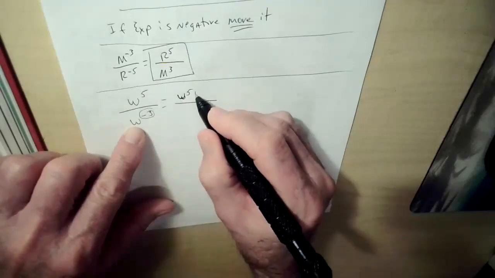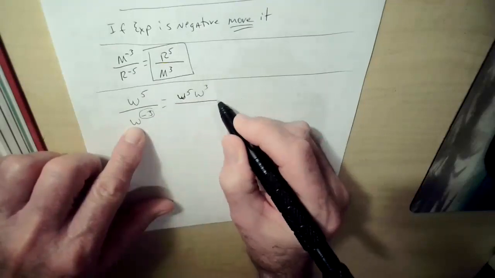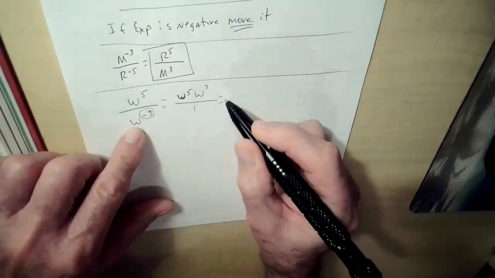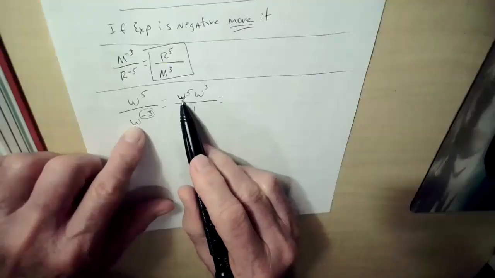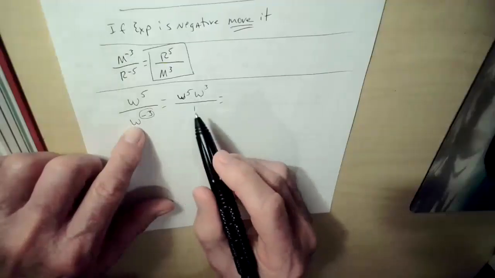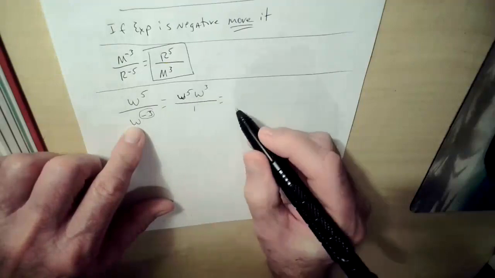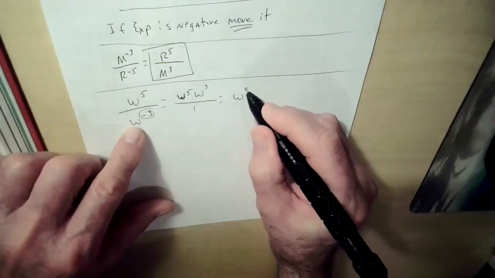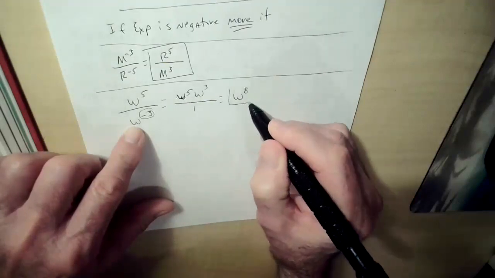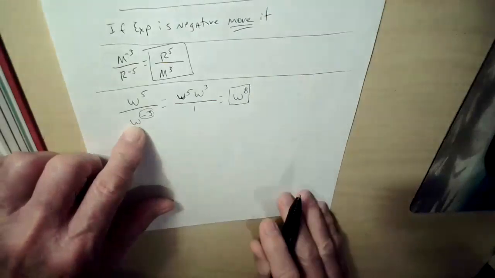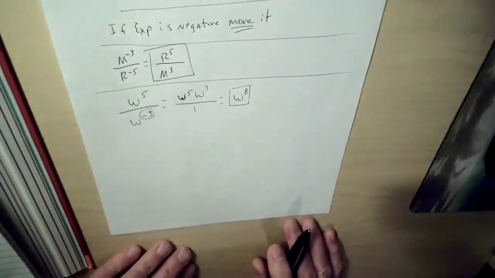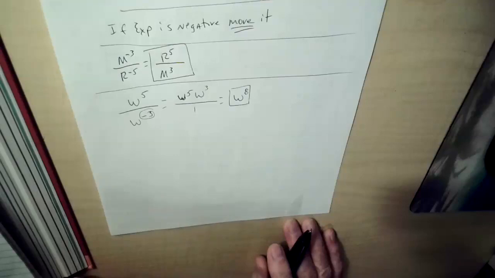And w to the minus third, where does it go? It goes to the top because the exponent's negative. Over 1. Now we have the same base numbers. We're multiplying here. So this is w to the 8th. You can write the over 1 if you want to.